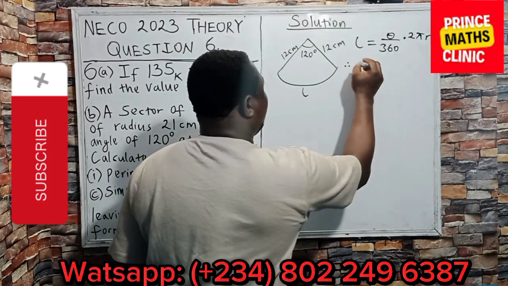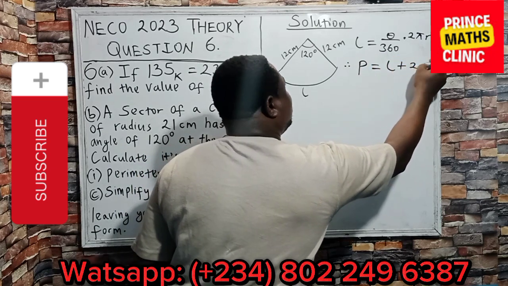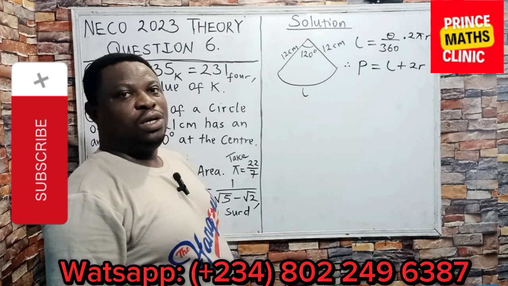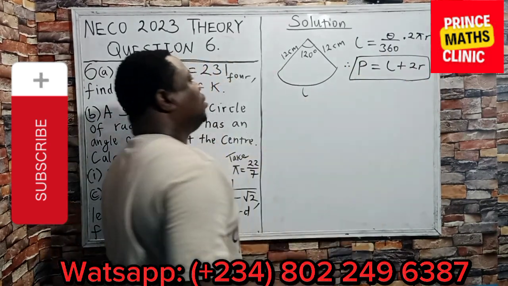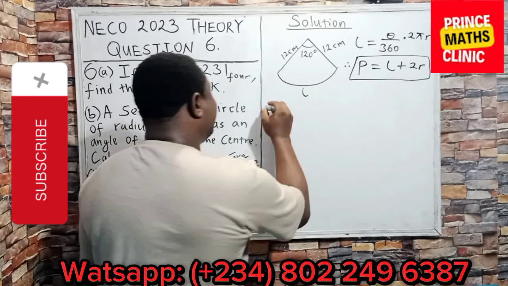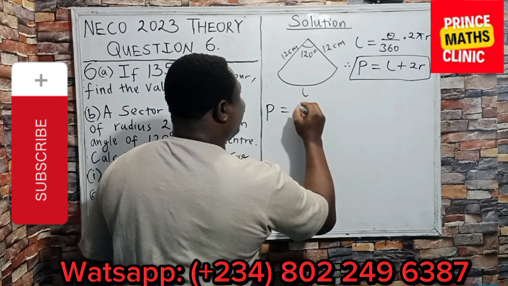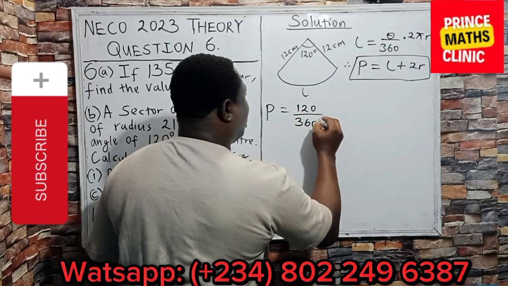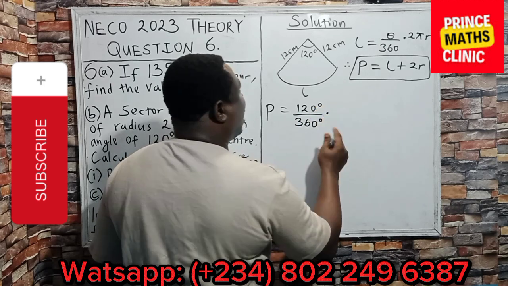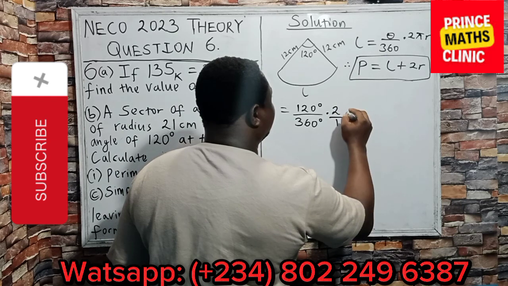Therefore, perimeter is simply the length of the arc plus the sum of the two radius or the radii, as the case may be. So to get the perimeter, therefore, this is what I'll do. My theta is what? 120, everything over 360, all in degrees, times 2 over 1.